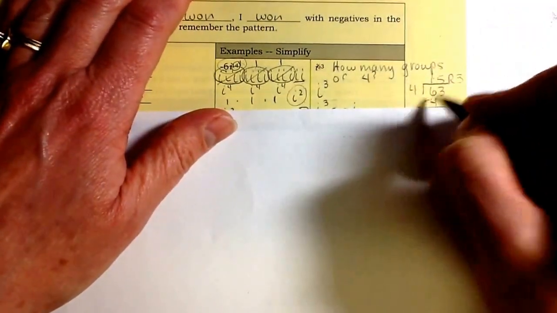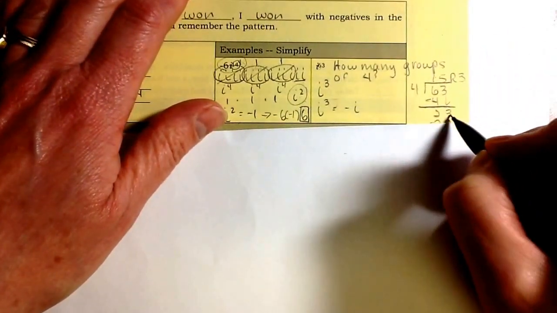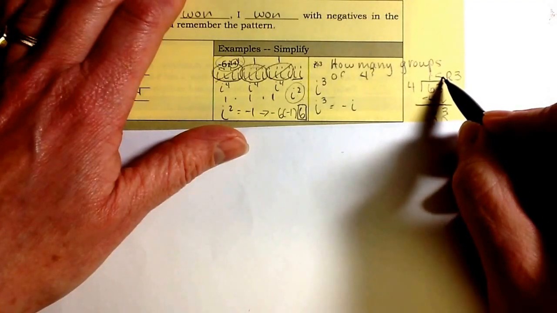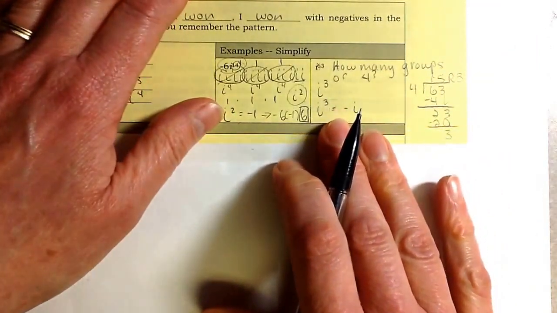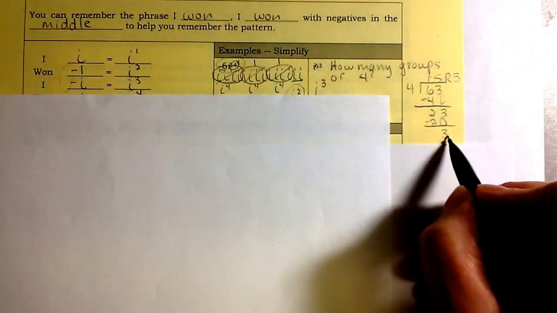Then I'll subtract, and that's going to give me 2. I bring down the 3, so 23. How many times does 4 go into 23? That's going to go in 5 times, and 5 times 4 is 20. Subtracting there, I'm going to end up with 3.